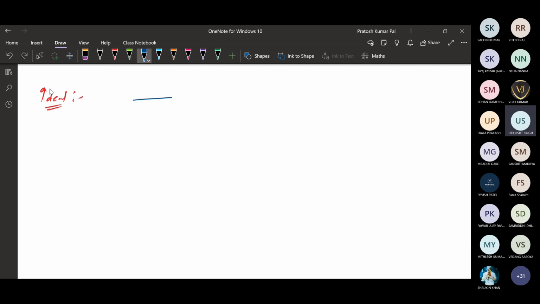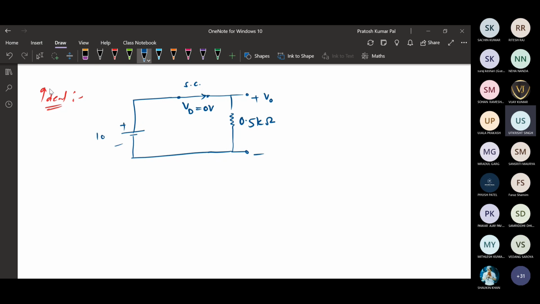If the diode is ideal, that means it is forward biased, so there will be a 0 voltage drop across it. So the voltage drop across the diode will be 0 volt. This is 10 volt, and the voltage drop across the diode is 0. Whatever current flows will be the ID.